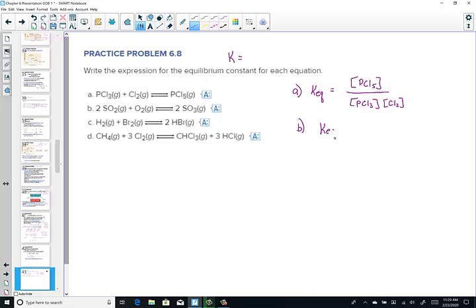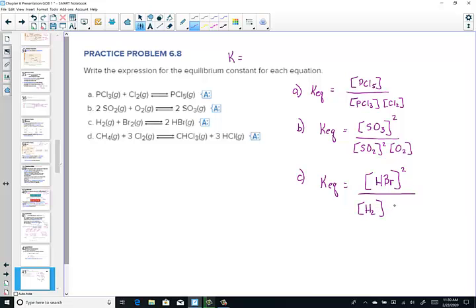Here's letter B. The equilibrium expression would set the concentration of the product sulfur trioxide squared set over the concentration of sulfur dioxide squared times the concentration of O2 to the first power. How about letter C? The equilibrium expression here would take the product of HBr in a bracket squared set over the elemental form of hydrogen to the first power and the elemental form of bromine to the first power.